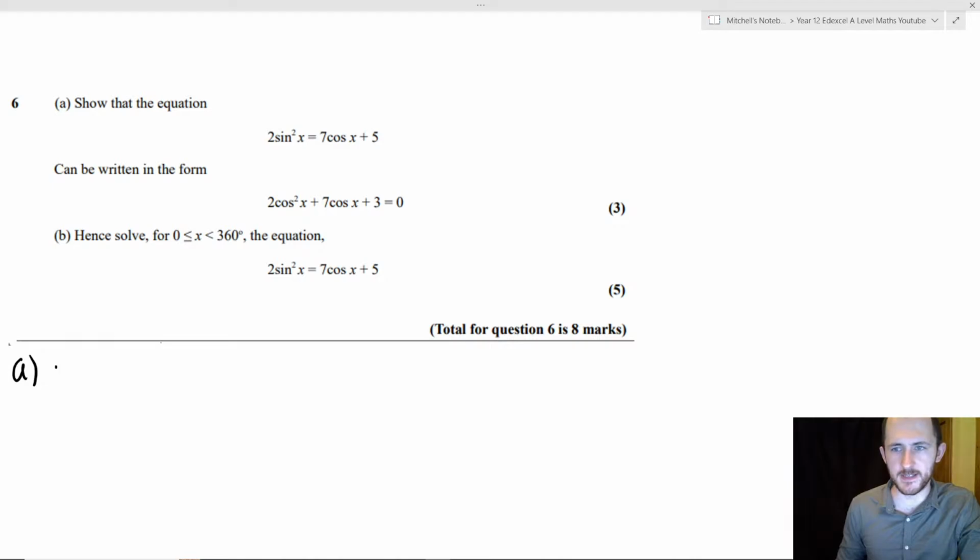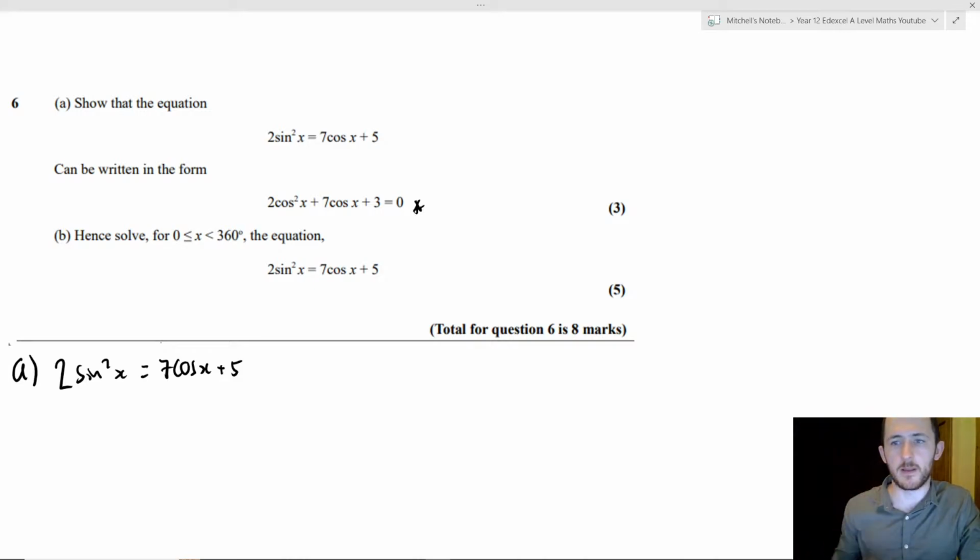So we have to show that this can be written as this. Now, what I like to do in can be written in the form equations is compare the two equations. Okay? In this first equation, I have a sine squared. In this one, I don't have a sine squared.